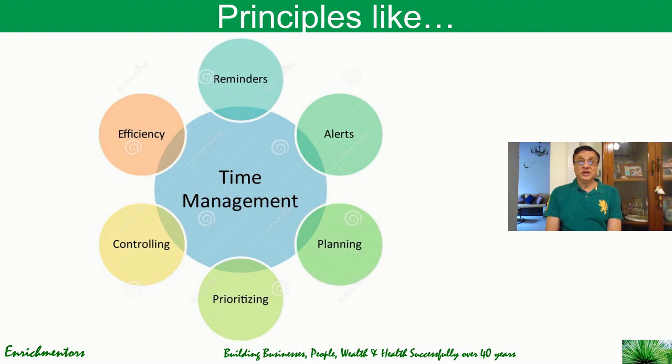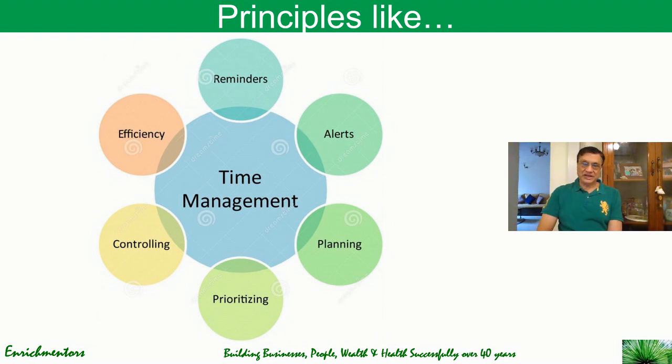You need to think of efficiency in whatever you're doing. How can you do the maximum work in minimum time? You need to remember principles like reminders and alerts that can tell you what to do when. So if you operate out of these principles, you start getting a hold of your time management, right? So these are the principles that we're talking about.